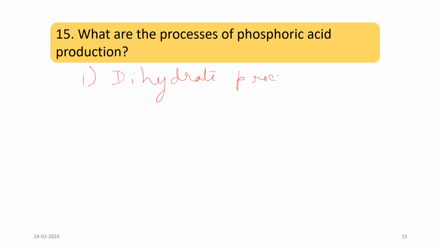It is called the DH process. Second one is the hemihydrate process. It is the HH process.